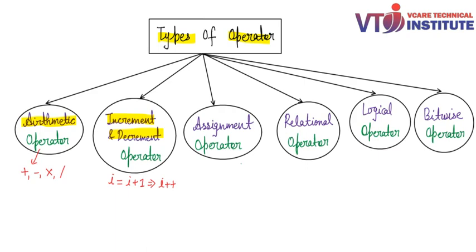Then we have the assignment operator in which we assign a value. Like we have two variables a and b, we are assigning these two values. And then we have relational operators comparing two variables a and b, that is whether a is greater than b or a is less than b.